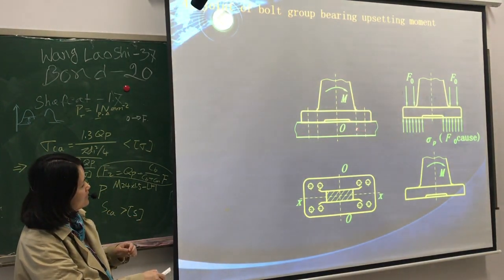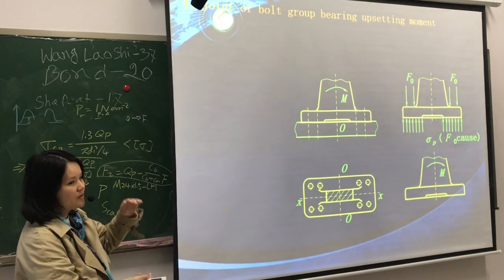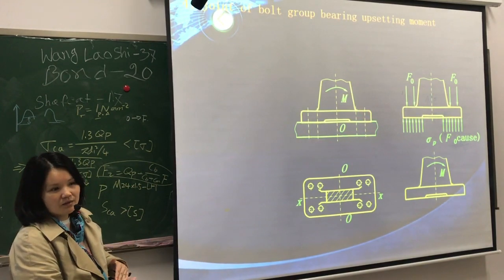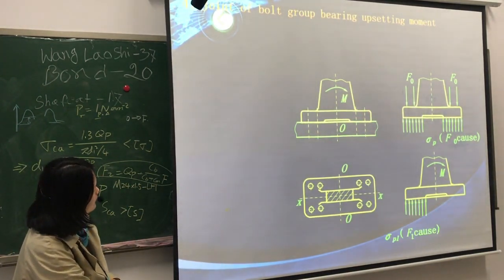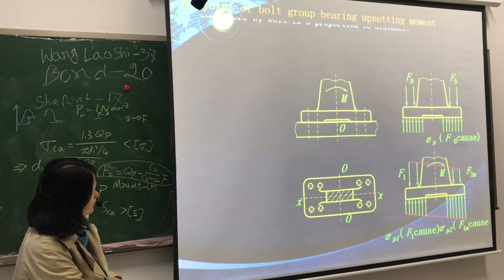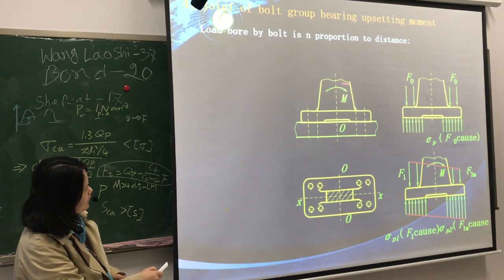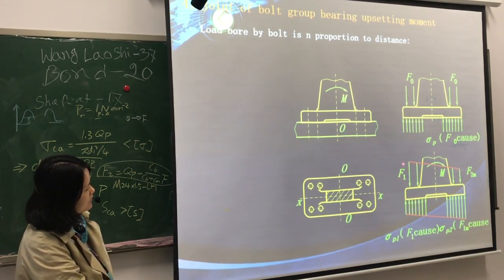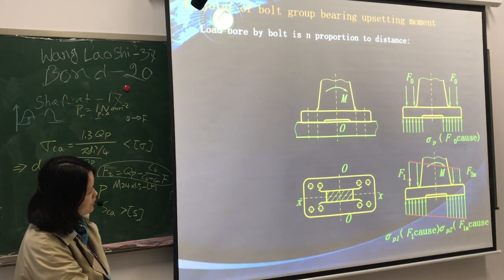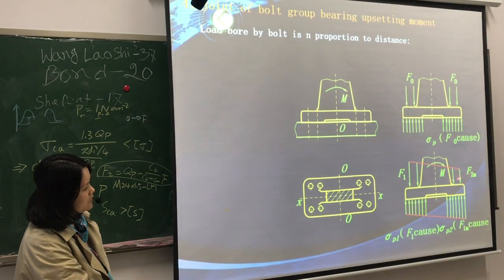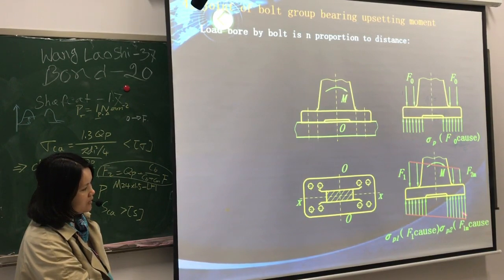On the other side, the members will be compressed further and the bolt will be relaxed. On the left, the resultant force on the bolt will increase and the compression on the members will decrease. And on the right, the resultant force on the bolt will decrease and the compression on the members will increase.